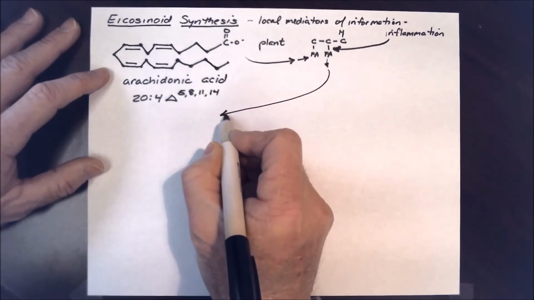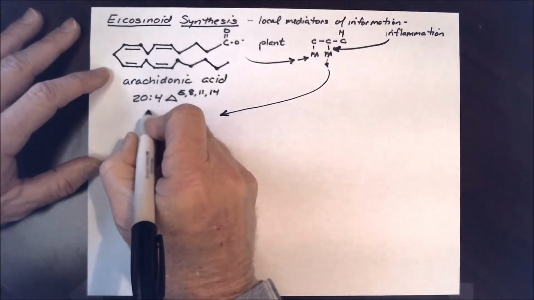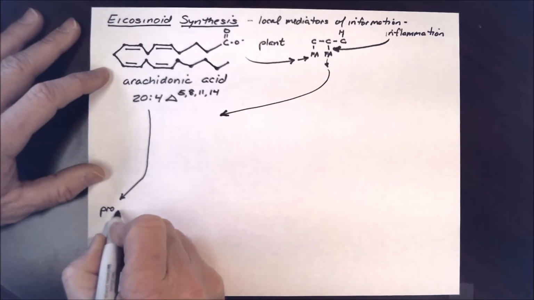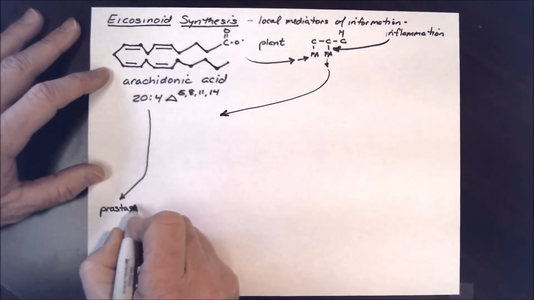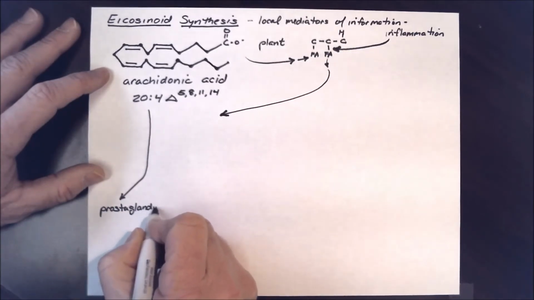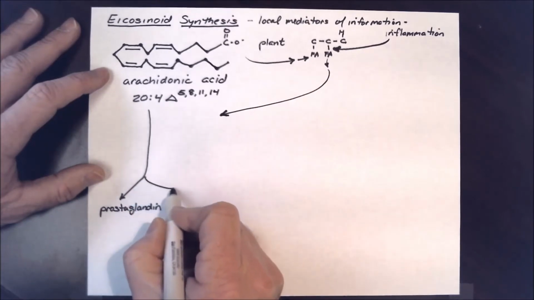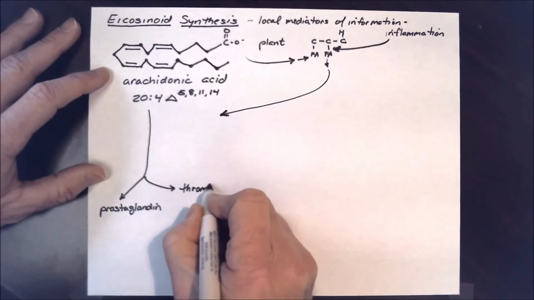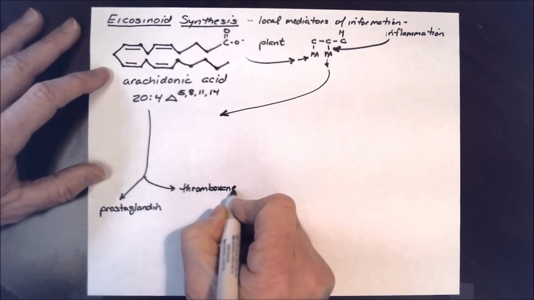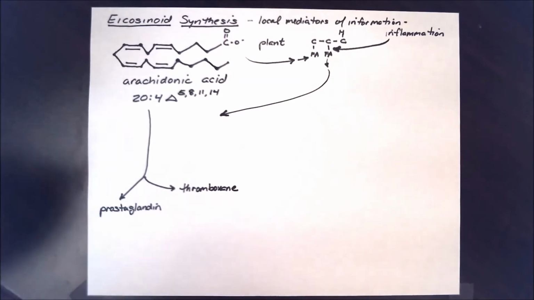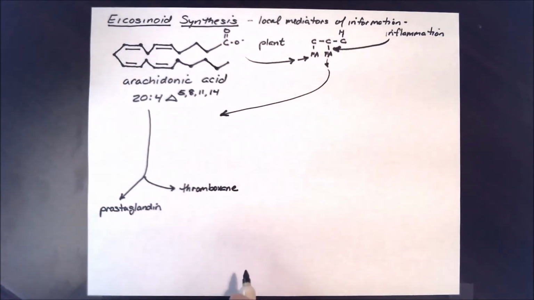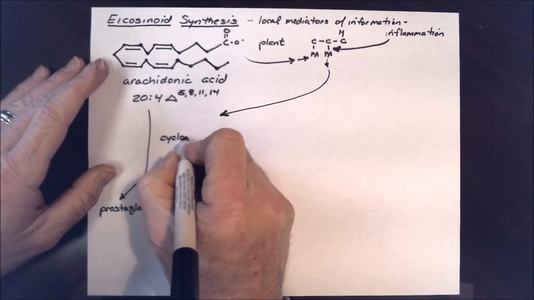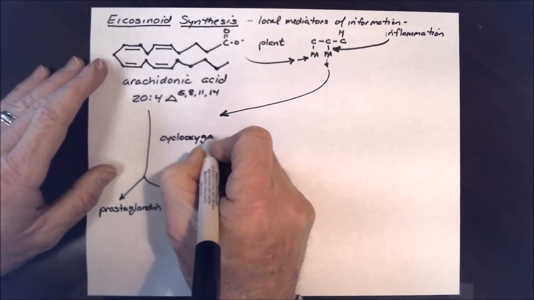And processing includes taking the arachidonic acid and turning it into either prostaglandin or thromboxane. The enzyme that does this is called cyclooxygenase.